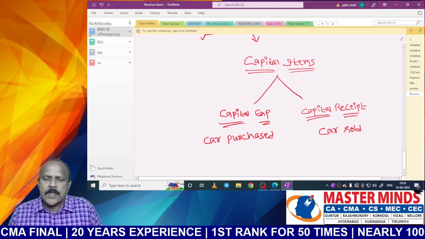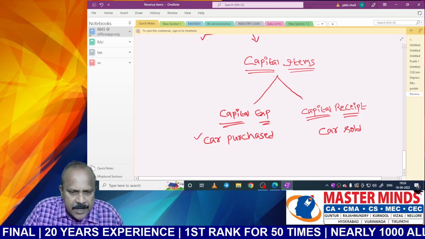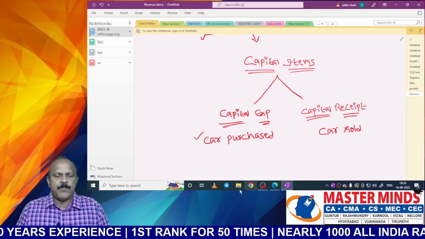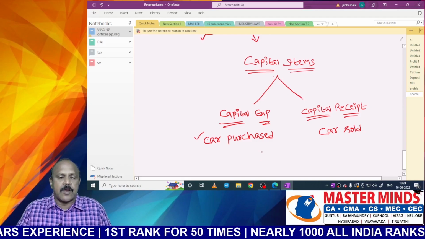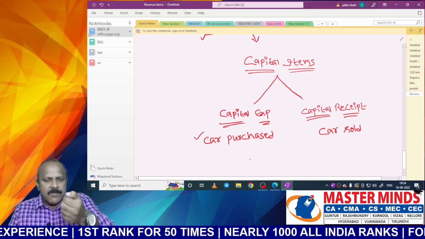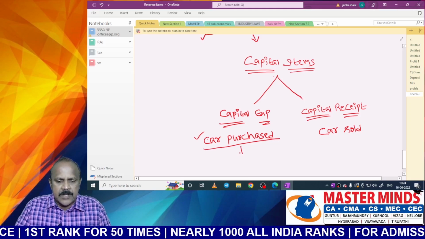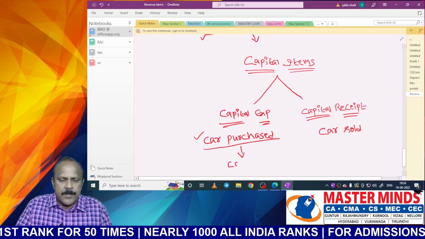Car is a capital item. Car is a fixed asset. When we make purchase of a car, we pay. We incur something on it. So car purchased, this is called capital expenditure.